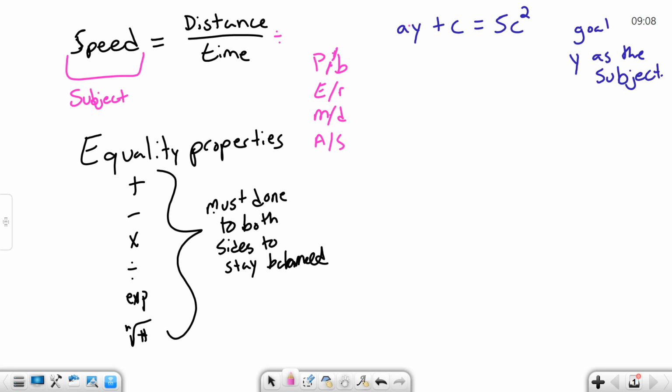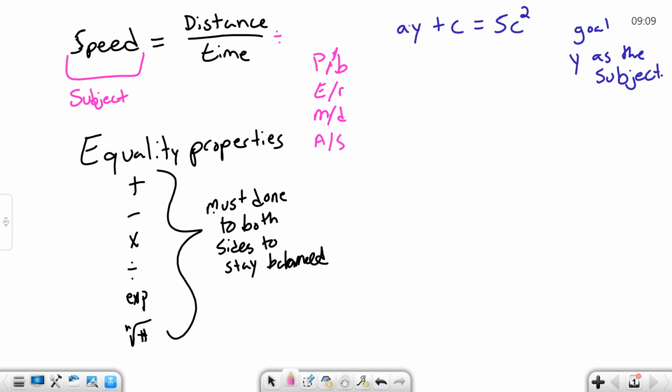And one thing that I don't know if you picked up on in the last example is that we work backwards up this order of operations when it makes sense to. That could be a little confusing.